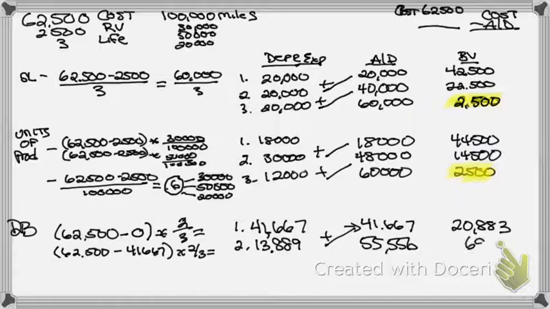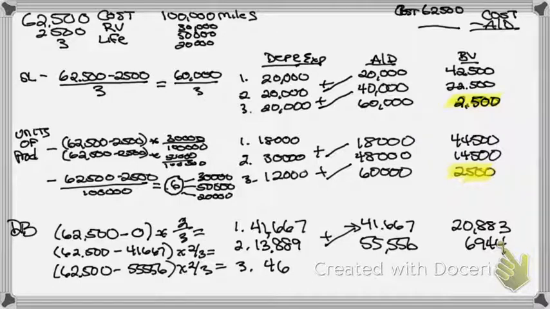Subtract that from 62.5, and then you get 62.5 minus 55,556 times 2/3 equals 4,629, sorry. Add that. You get 60,185.